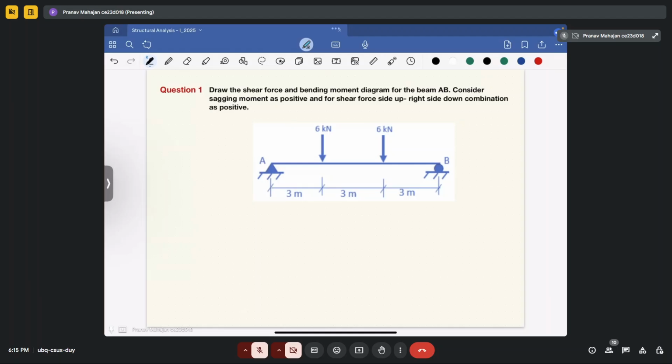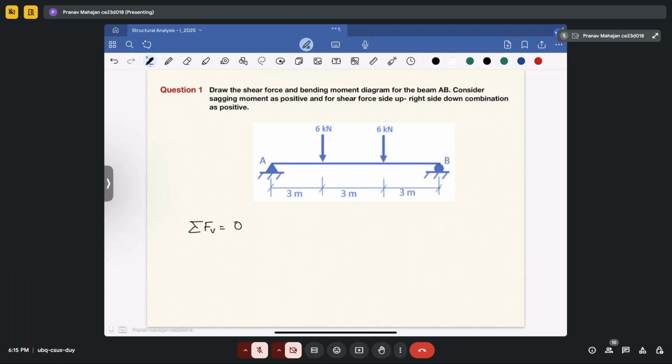Okay. So you have to draw the shear force and the bending moment diagram for this beam. So first of all, you determine what will be the reactions at point A and point B. So for this, if we make summation of forces in vertical direction equal to 0, what you will get?